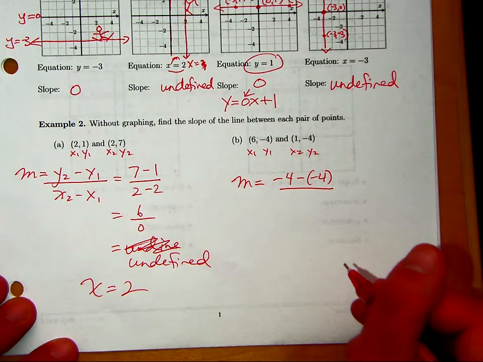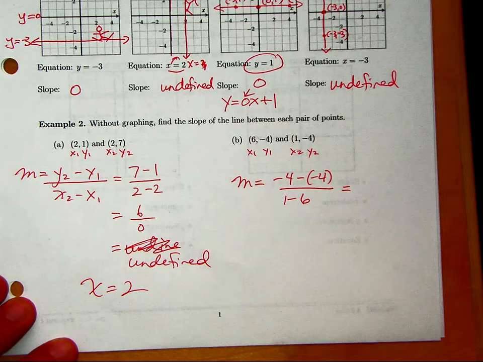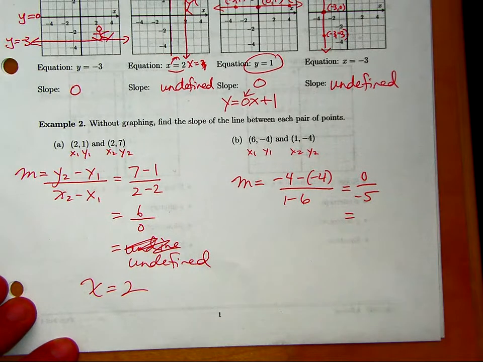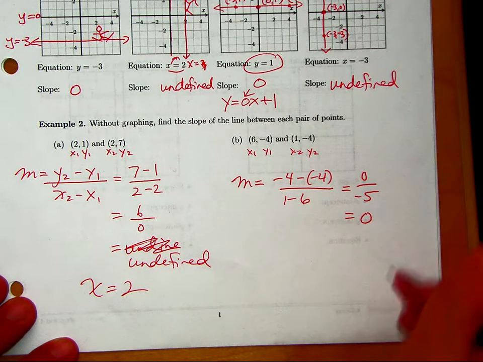Okay, Abdi, what do you get in the numerator? What's -4 minus -4? It's basically the same thing as -4 plus 4, right? And that would be 0. This is 0. 0 divided by -5 is equal to, when 0 is in the numerator, what's your answer? 0 is the slope.